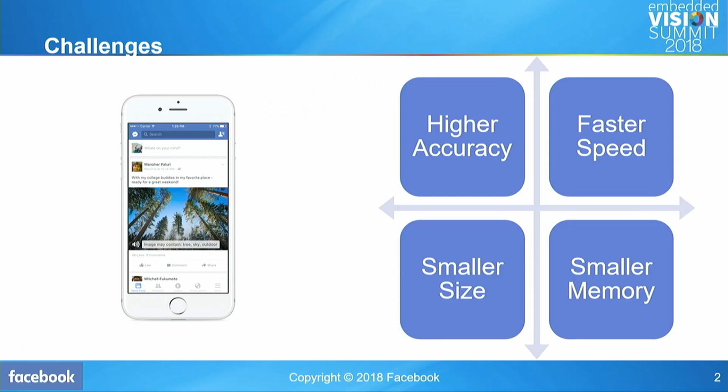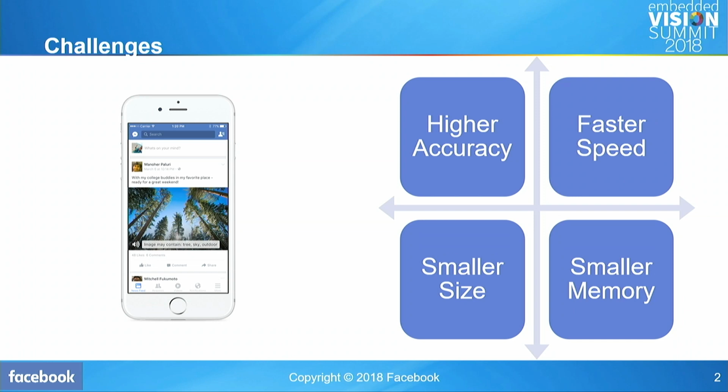Most of the research focuses on improving accuracy, like pushing for a challenge in ImageNet. But that's not necessarily enough for running these kinds of models in real time on a mobile phone. On embedded devices, you have to optimize for other axes as well, such as speed, memory size, or even just the model size itself.